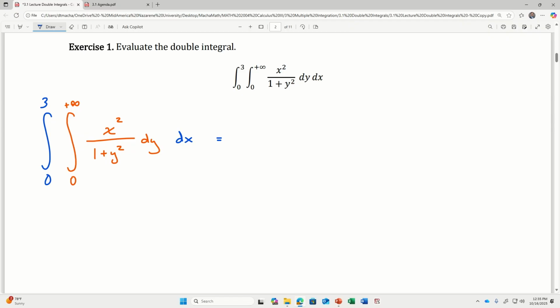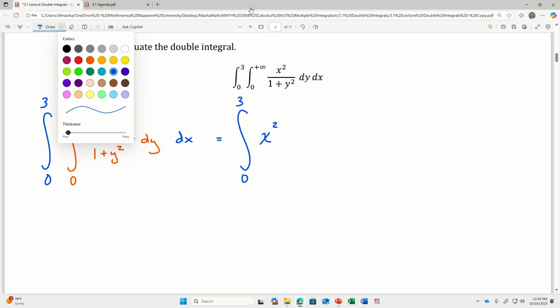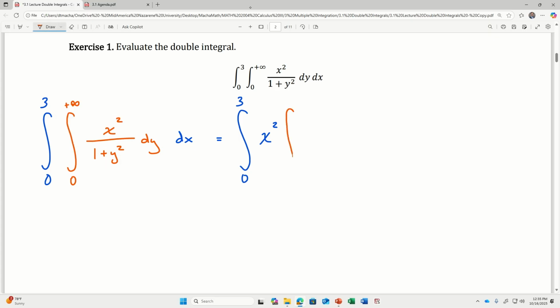So on the inside, in orange, you can see I'm taking the antiderivative with respect to y. So for the orange integral, we are pretending that the x is a constant. And so you probably remember this. I can take the x squared out of the orange integral, because as far as the orange integral is concerned, the x is a constant.